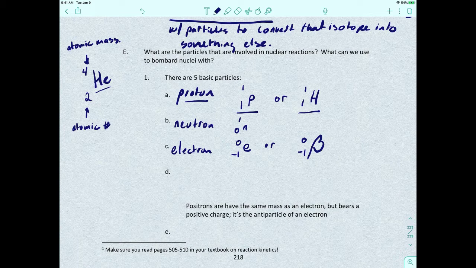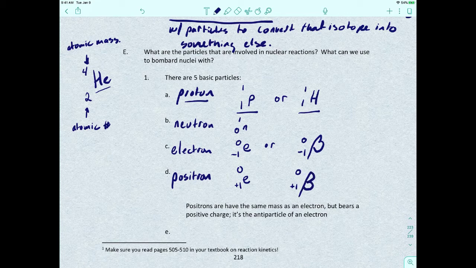Now, there is something that's the complete opposite of the electron. Let's say you had an electron that has a mass of 0, but instead of having a -1 charge, it has a positive 1 charge. It's not the proton, because the proton has mass, but the opposite of the electron is called the positron. The positron has a mass of 0, but it has a +1 charge.